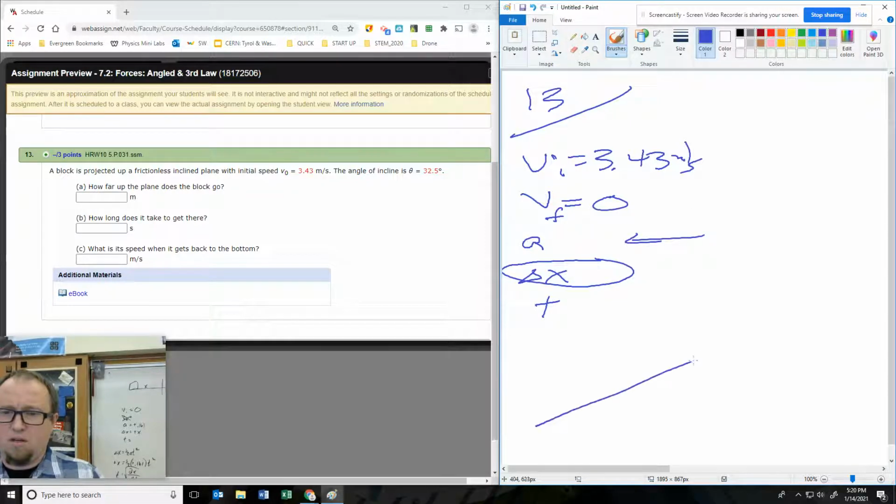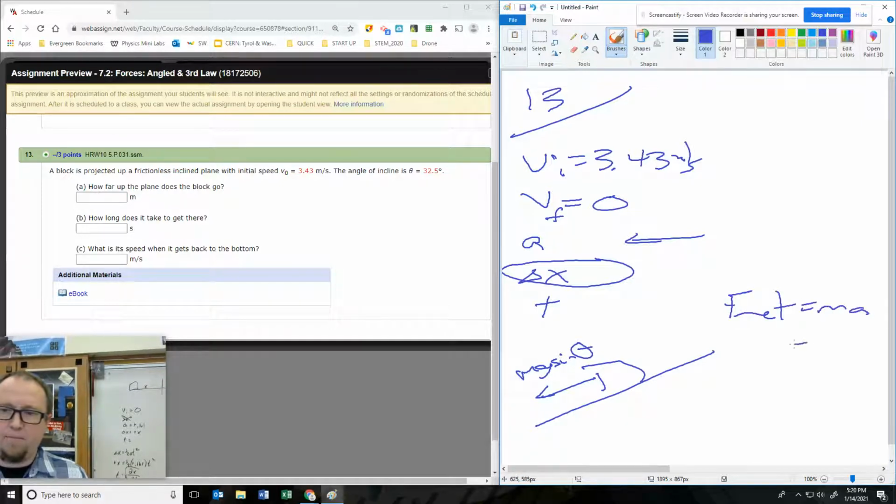What's the force pulling it down the ramp? mg sine of theta. Well, if there's no friction, F net equals ma, so ma equals mg sine of theta. If I cancel out the m's, I get g sine of theta.